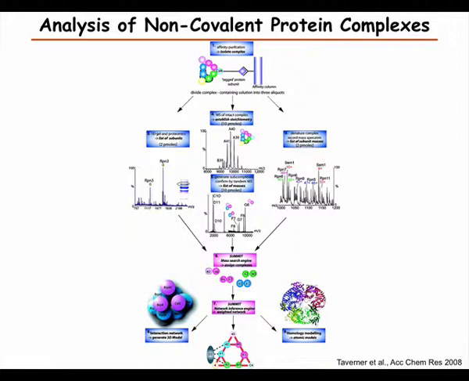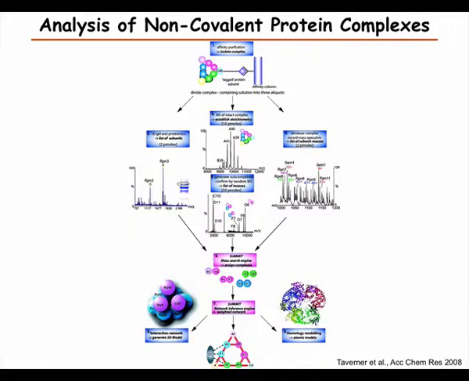And what usually happens when we fragment a larger complex is that it falls apart asymmetrically, so that most of the proteins will stay, and a small complex will fall off, and the charge will also be distributed in a way that the large complex will keep much less of the charge.